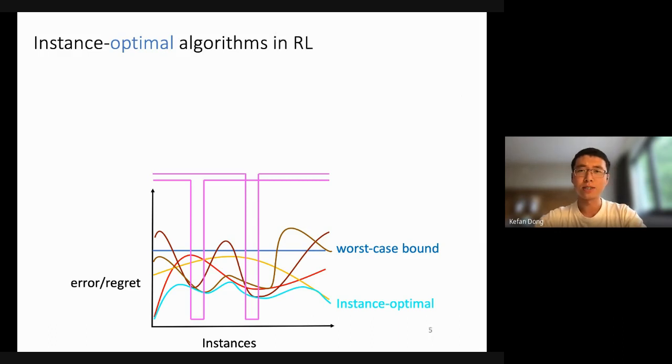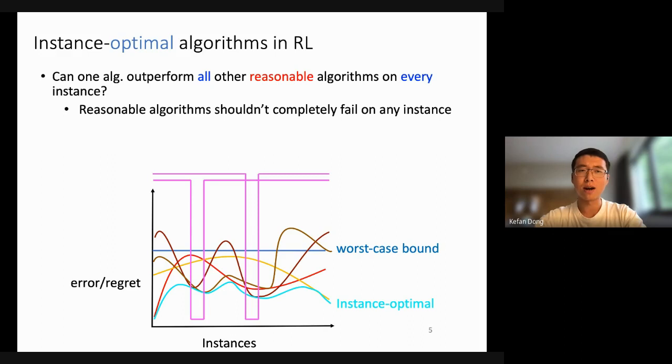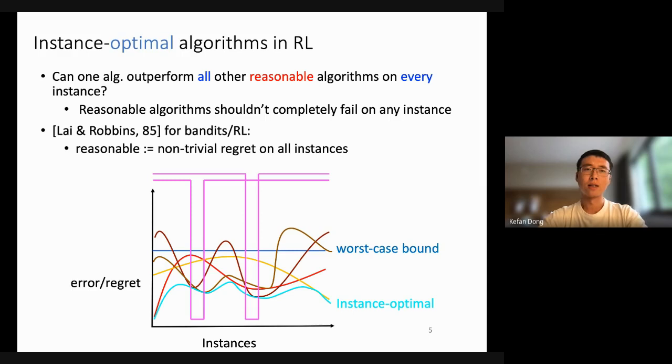So what we are interested in is to compare with all other reasonable algorithms here. And by reasonable, we mean the algorithm shouldn't completely fail on any instance. In particular, for bandits and reinforcement learning, the seminal work by Lai and Robbins defines reasonable to be achieving non-trivial regret on all instances.